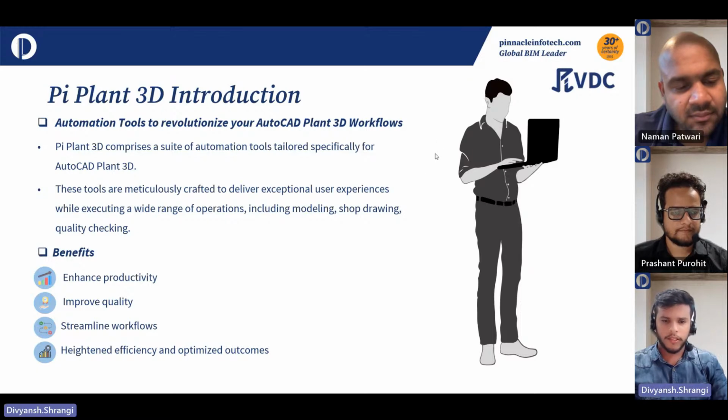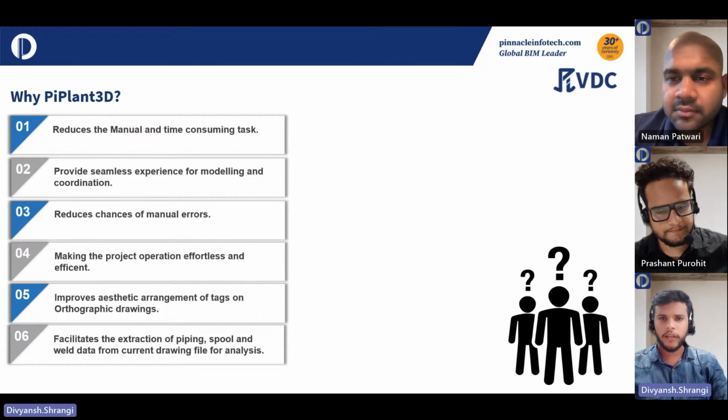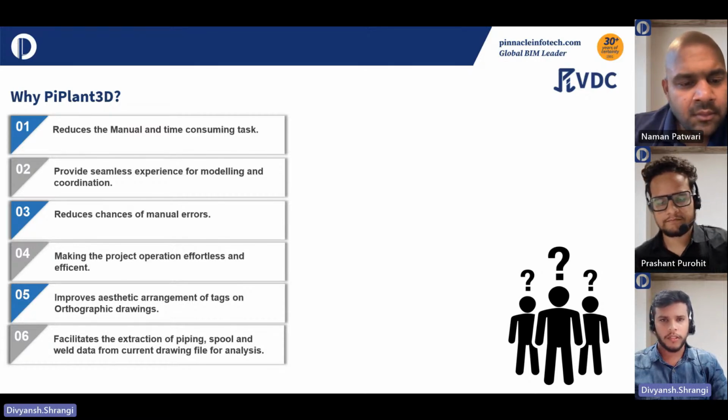There are numerous significant benefits of utilizing this Plant 3D toolset. It minimizes the manual process and eliminates time consuming tasks, and also offers a seamless experience for modeling and coordination and ensures smooth and efficient workflows. It significantly reduces the chances of manual errors and ensures greater accuracy and reliability in your projects.